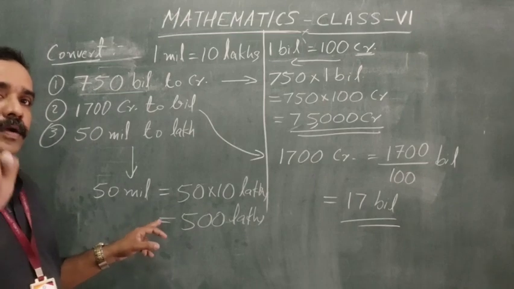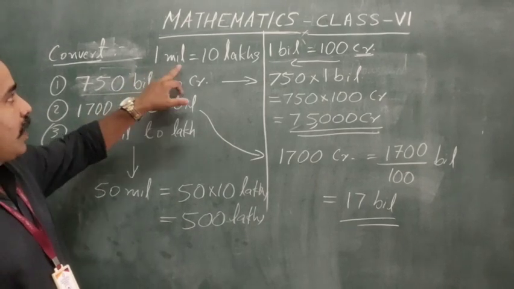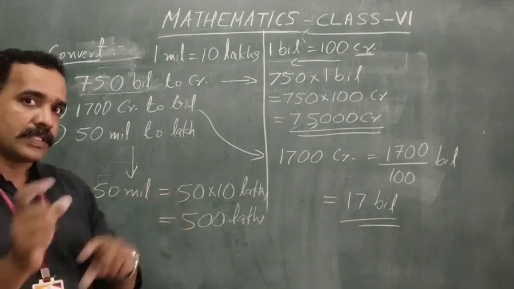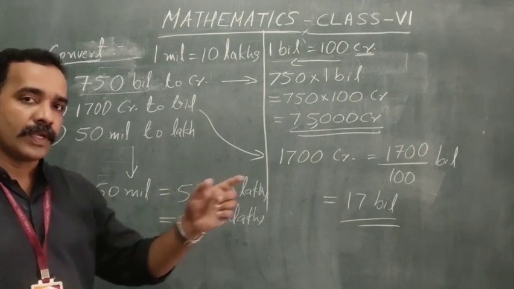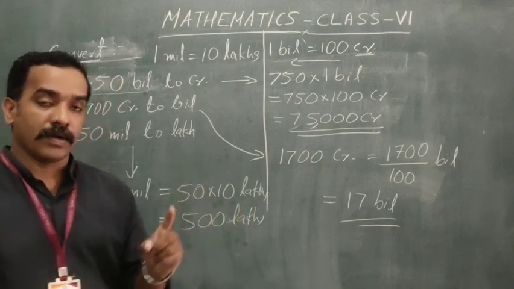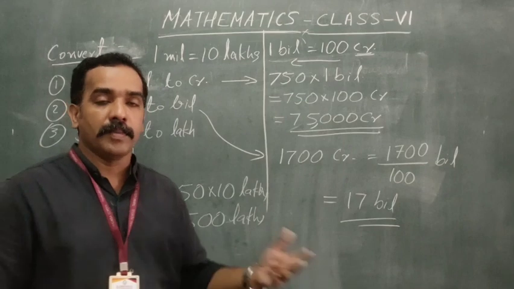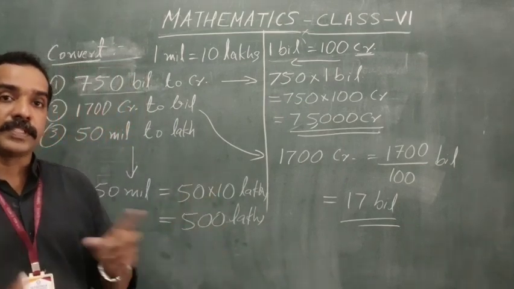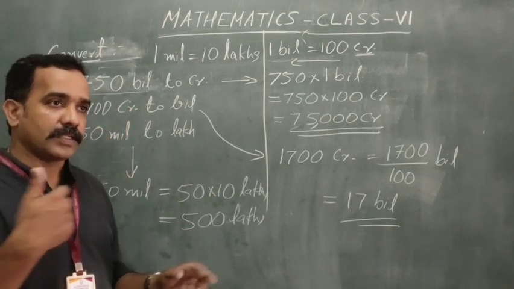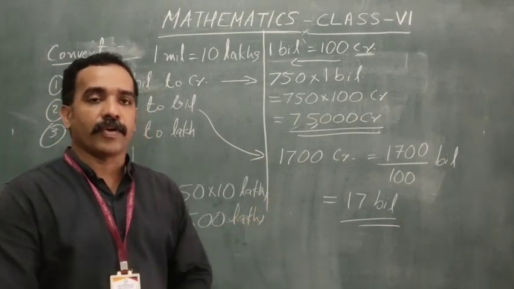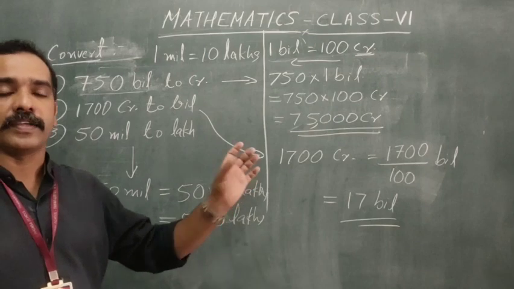10 million is 1 crore, and 1 million is 10 lakh. You should know all this both ways: how many millions are in 1 crore, and how many lakhs are in 1 million. Every relationship you should be aware of, then only you can convert like this.